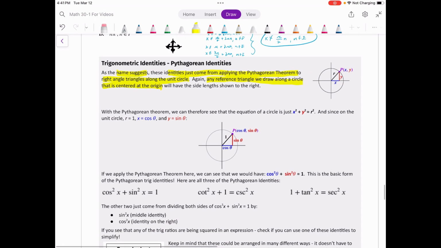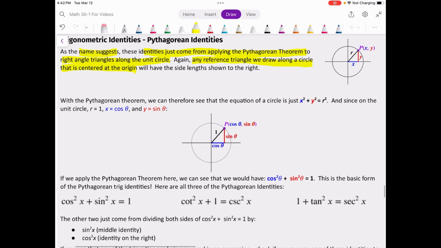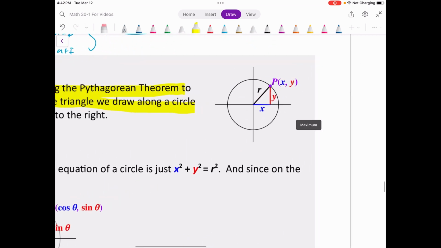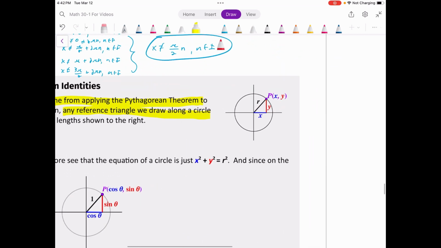And on the unit circle, we can see, before we get to the unit circle, with the Pythagorean theorem, right, we can see that the equation of the circle is just x squared plus y squared equals r squared, right? There's our little triangle. Pythagorean theorem tells us a squared plus b squared equals c squared.